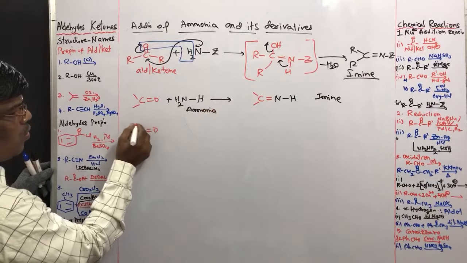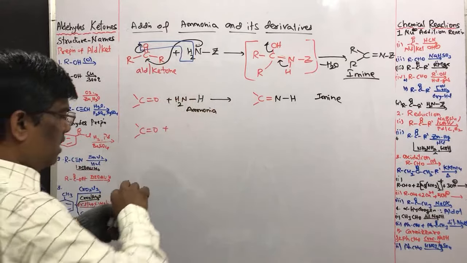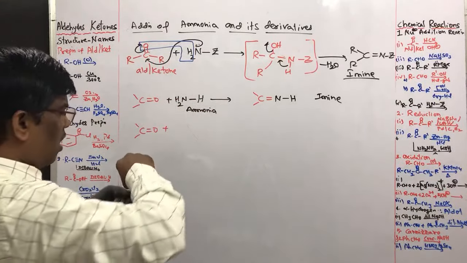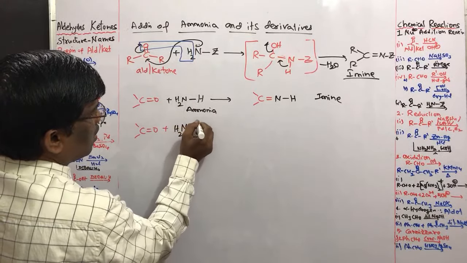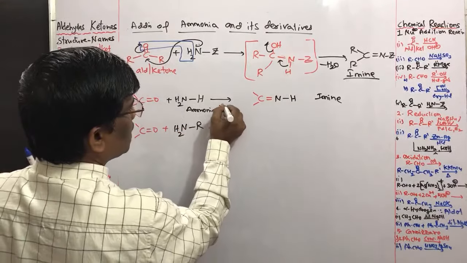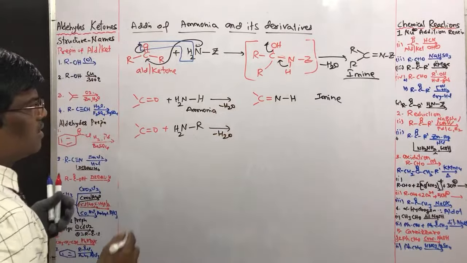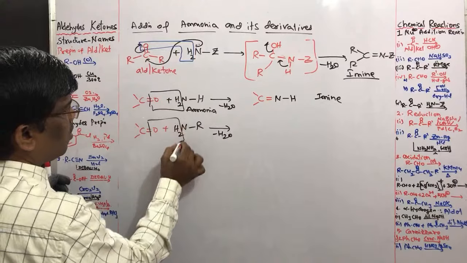and when I use alkyl or aryl amine, let me confine to R group, R, and I am going to get minus water. Minus water. Yes? So what is water? This is water.